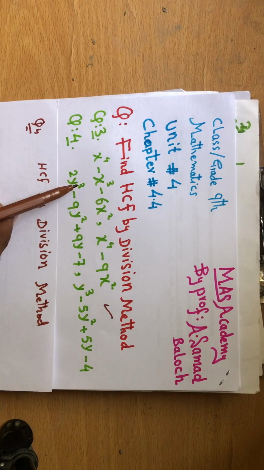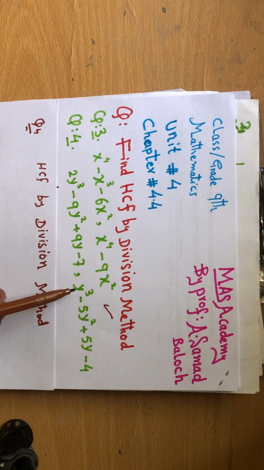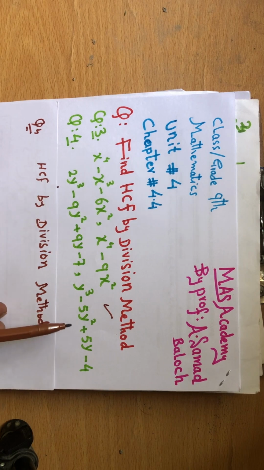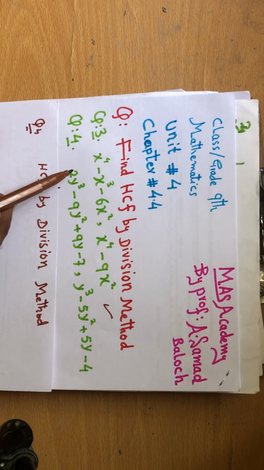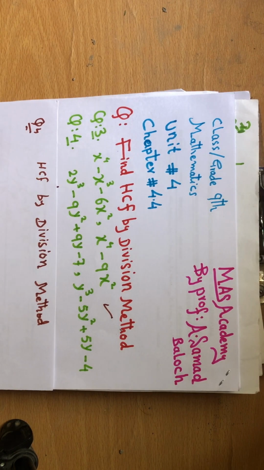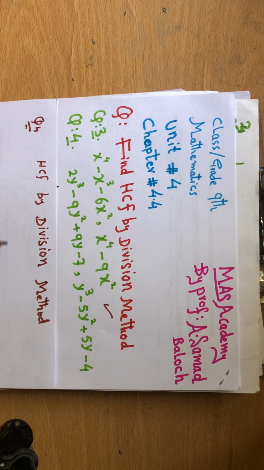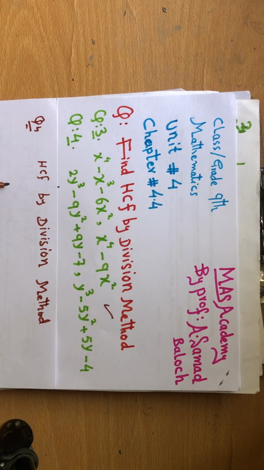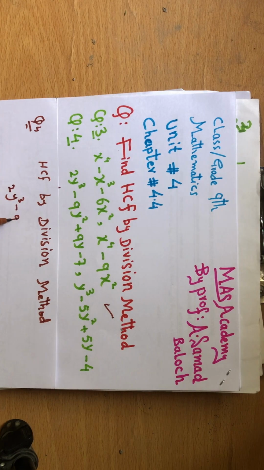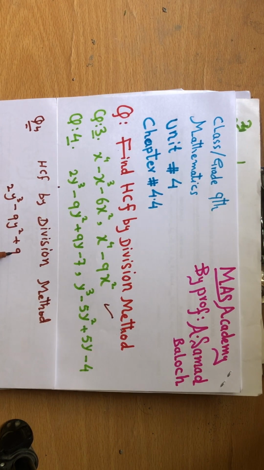Now question number 4. Here we also will be checking the expression which has the highest power. Right now we can see both have highest power 3, but one expression has coefficient 2 and the second one has coefficient 1. Then the expression which has coefficient 2 will be our dividend. It means whenever you see that the highest powers of the expressions are the same, then see the coefficient.